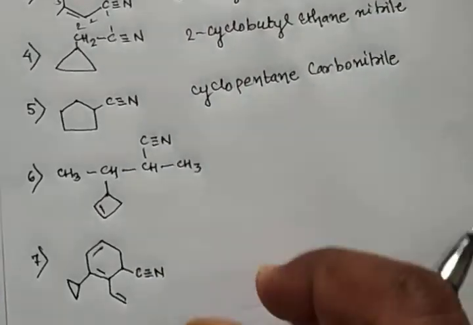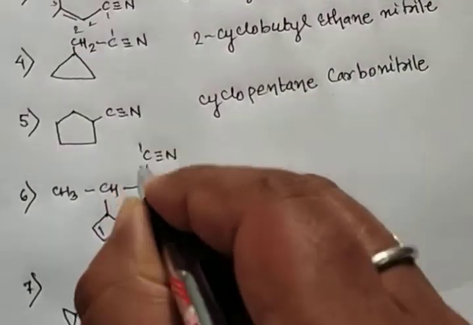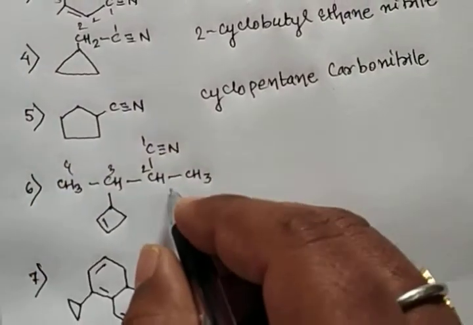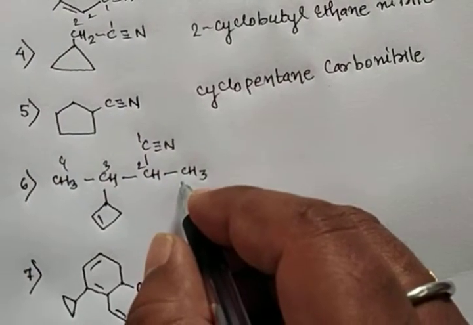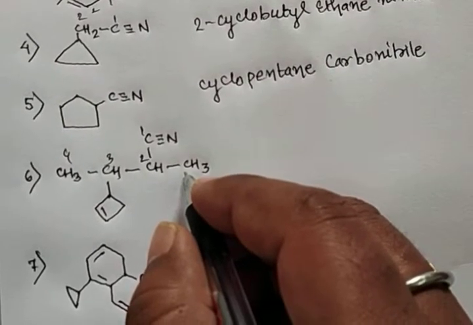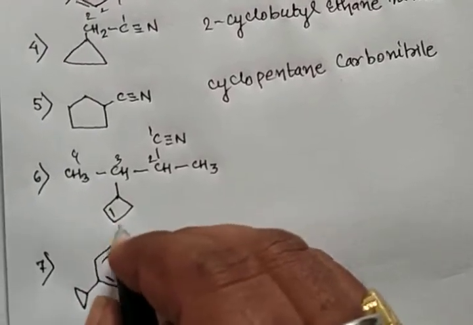Now in the next example, there is a functional group, 1, 2, 3, 4. In the second position there is a methyl group, and the 3 position contains cyclobutenyl.